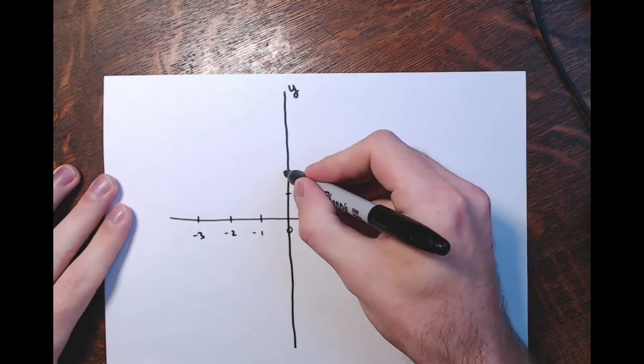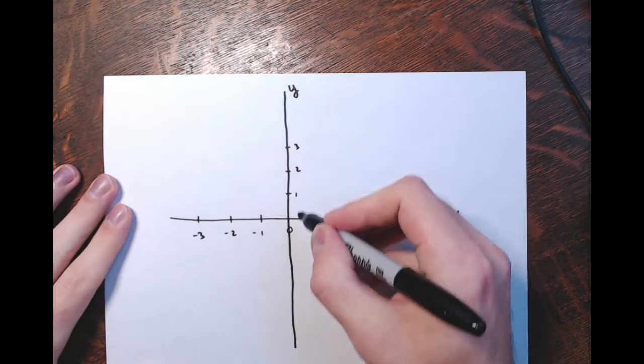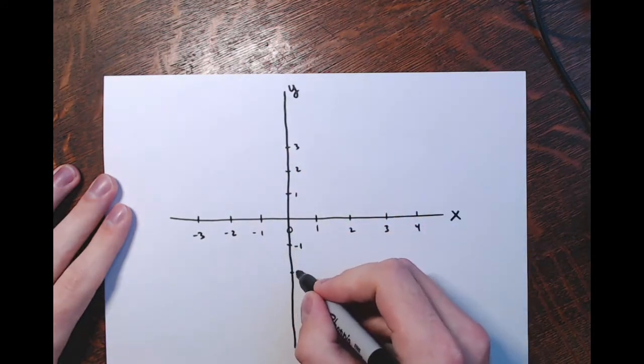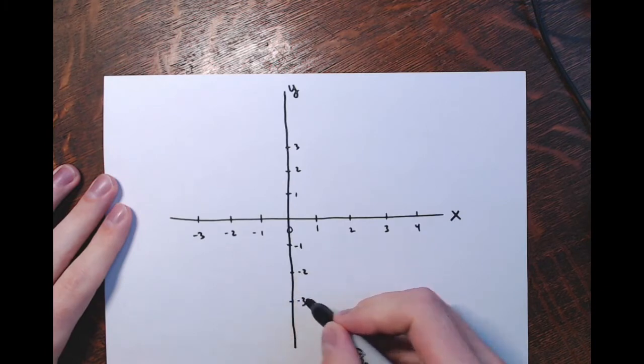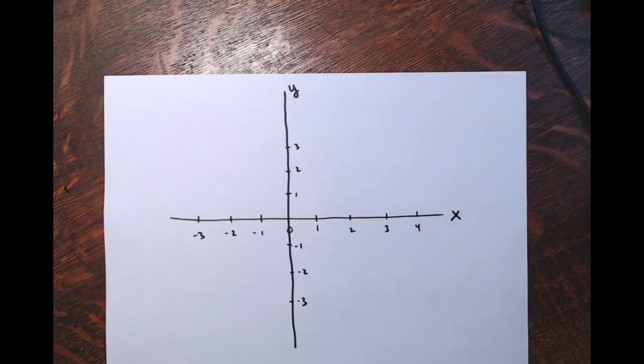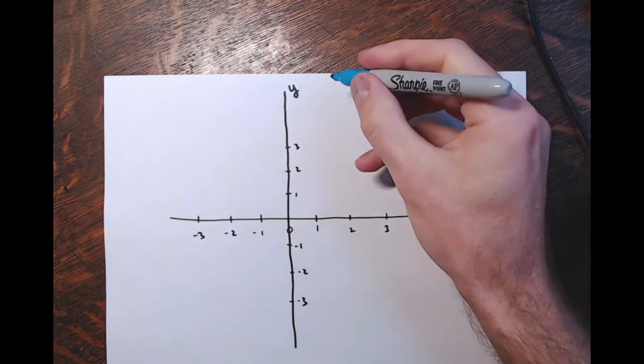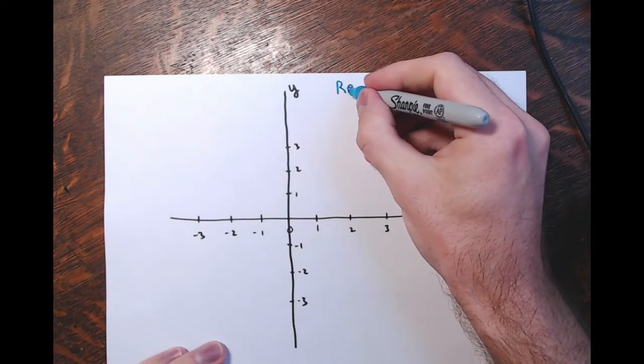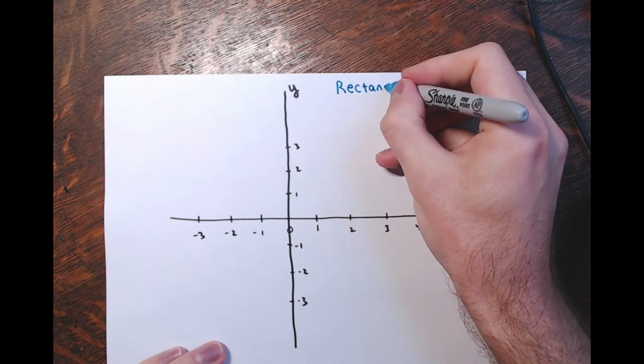And then you've got positives going up for the y's, negatives going down for the y's, and so on. And when we talk about plotting points in rectangular coordinates, this is the typical way we do things, the way we're used to.